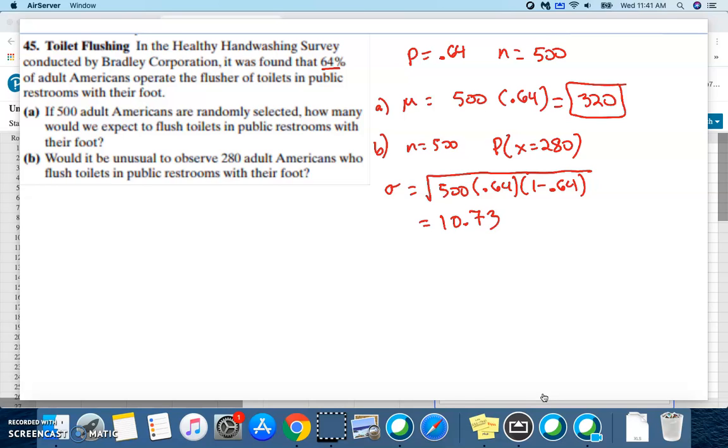320 is our mean, our standard deviation is 10.73, and 280 is almost 4 standard deviations below the mean.